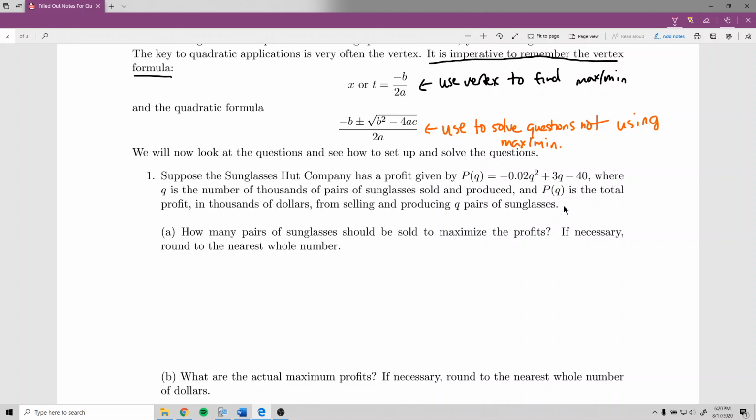All right, so it's a lot of information. Really, all you want to take from this is the equation and the fact that the Q is the number of sunglasses in thousands. That's going to be important for the answer. And then P of Q is the total profit in thousands.